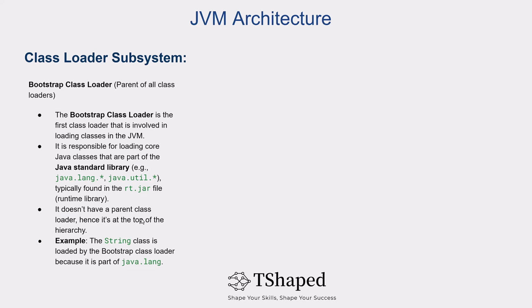So the bootstrap class loader will load all these classes into the JVM if you have used them. For example, if you have used the Scanner class, or the predefined String class, this class will be loaded into the JVM by the bootstrap class loader during the process of class loading.